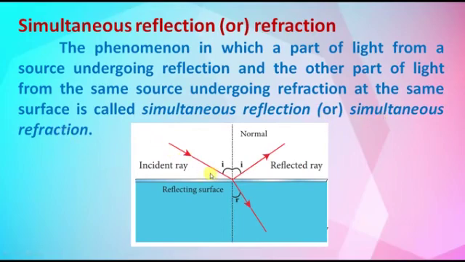When an incident light falls on a surface, reflection happens at the same time as refraction. This process is what we call simultaneous reflection or simultaneous refraction.